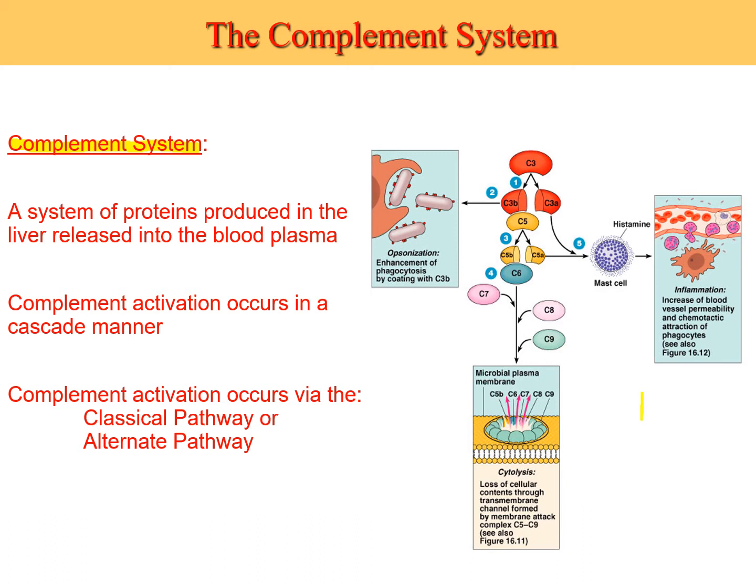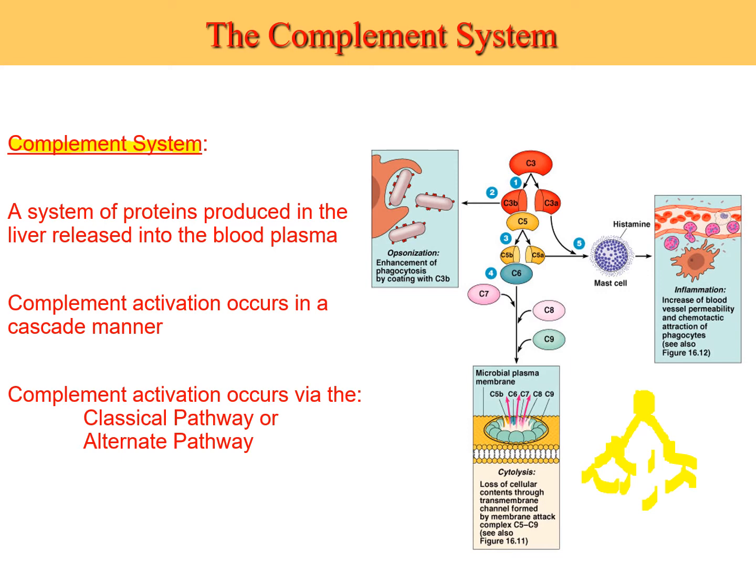If the first clotting factor is activated, it activates others, and when those get activated, they activate more. So it's a kind of clotting cascade as each sequential factor is activated, and you get a massive increase in these activated clotting factors.